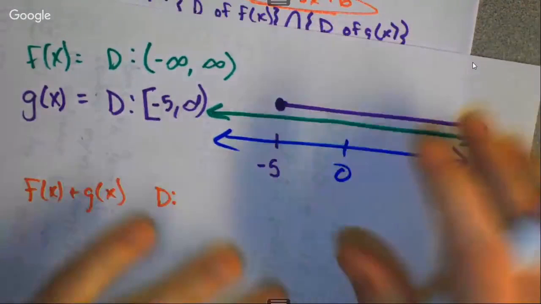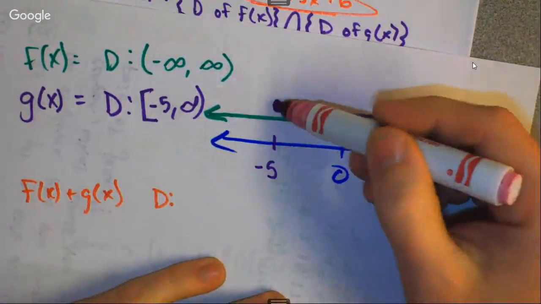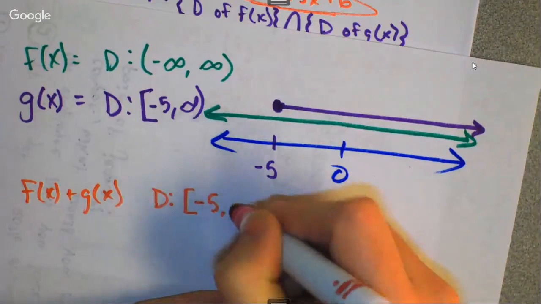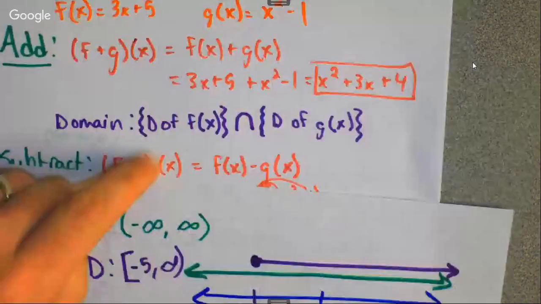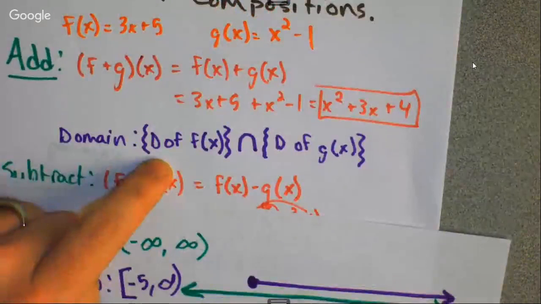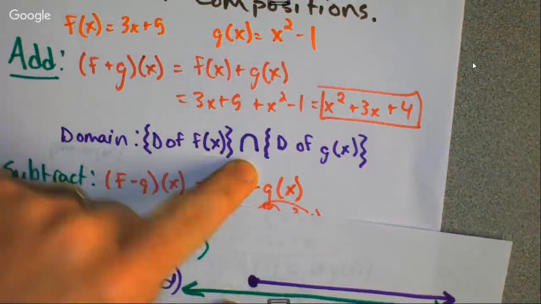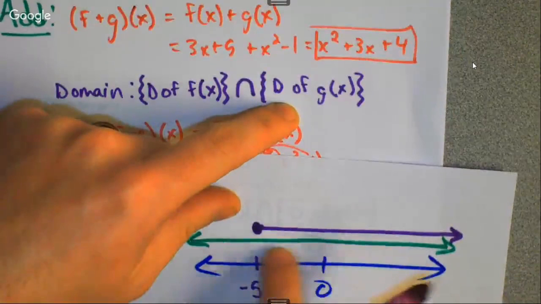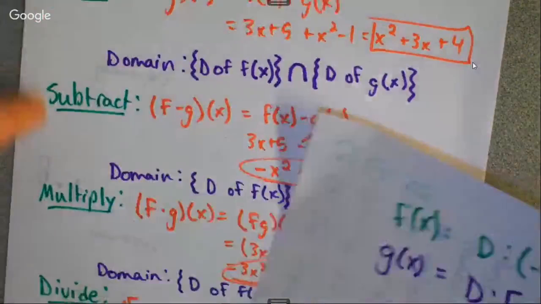So where are they overlapping one another? Well, they're overlapping from here on. So in this case, my domain would be negative 5 to infinity. That's the intersection. So we said the domain of f of x, which was this green line, intersecting the domain of g of x, which was the purple line here. So where they overlap is my domain for each one of these, whether it's adding, subtracting, multiplying, dividing.